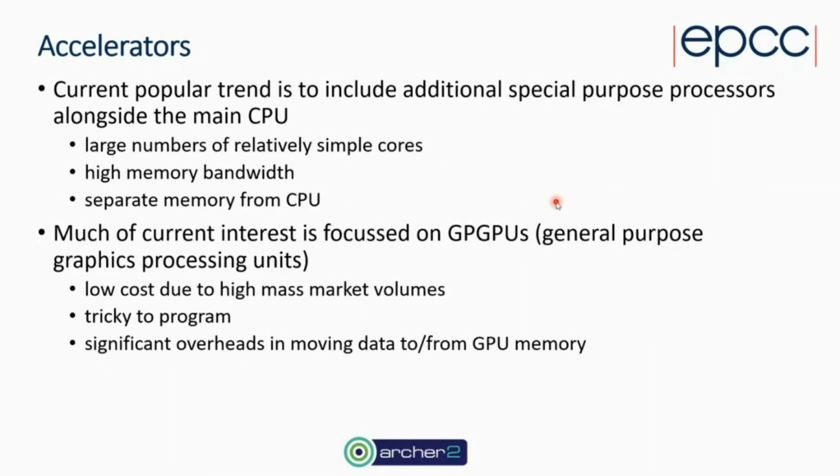But of course, there are downsides to GPUs as well. They can be harder to program, or some applications aren't amenable to efficiently using GPUs. And the way they're structured, you often have to move data backwards and forwards between the CPU and GPU, which can be an overhead as well. So they're not suitable for all applications.